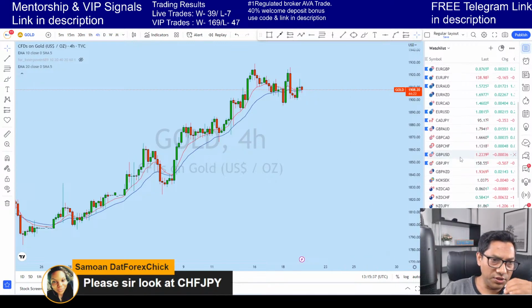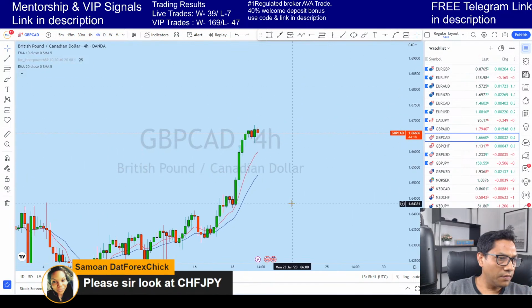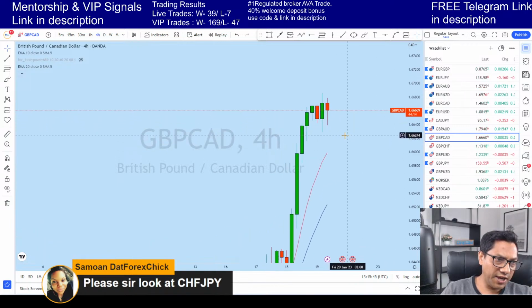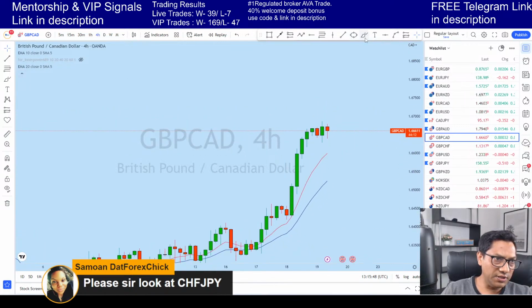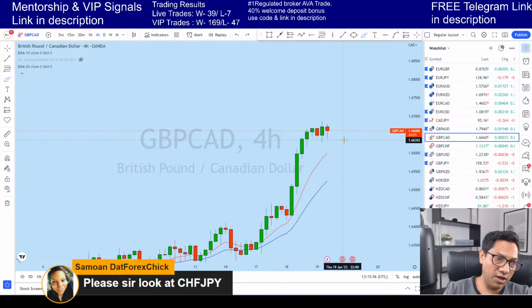Okay, going back to GBPUSD to finish it up. Now we see on GBPUSD that there is a big impulse. This is the 4-hour time frame, and then consolidation, and it is preparing for another bullish move.